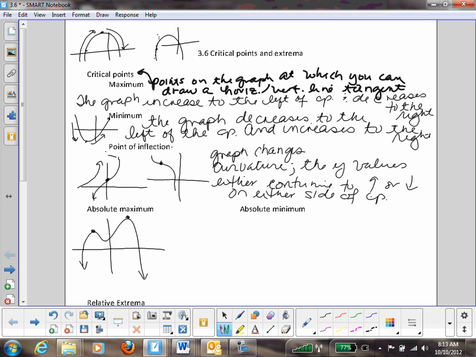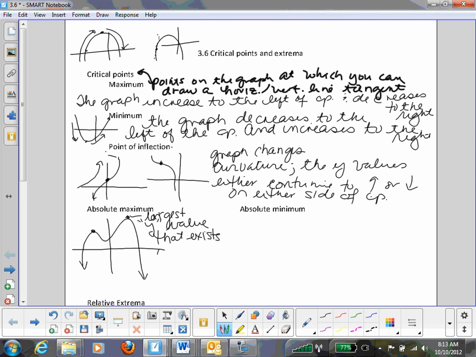But an absolute maximum is the largest y value that exists on that entire graph. Okay? So this is the largest y value that exists over the graph's domain.